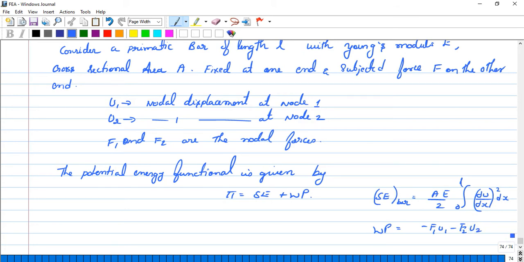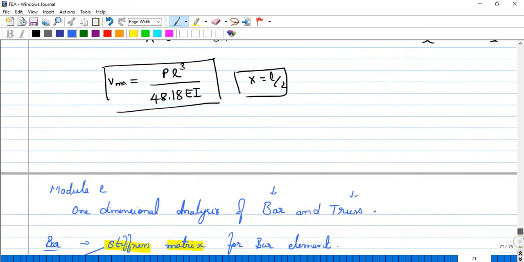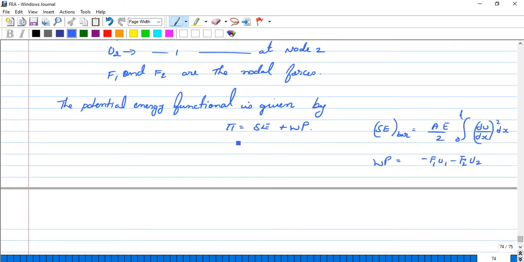So we shall substitute this strain energy and work potential in the potential energy functional, so that potential energy is equal to AE by 2 integration 0 to L (dU/dx) whole square dx minus of (F1 U1 plus F2 U2), within bracket.